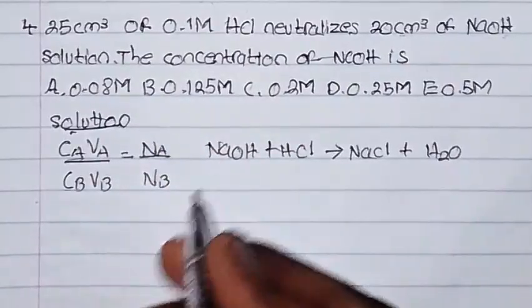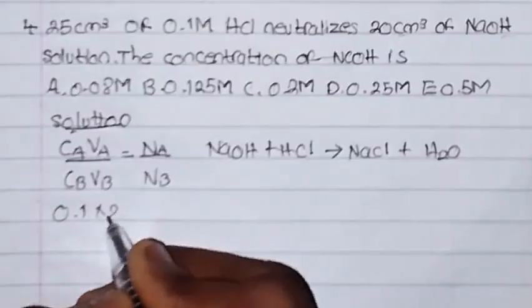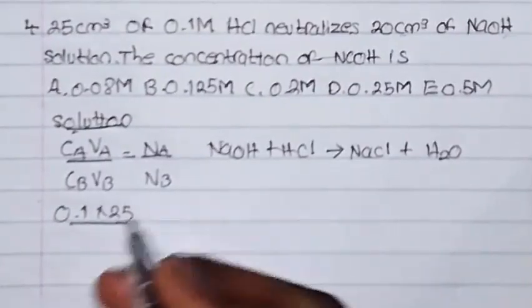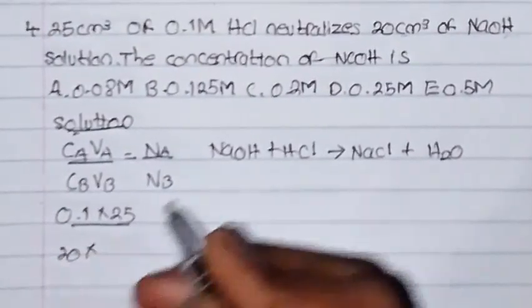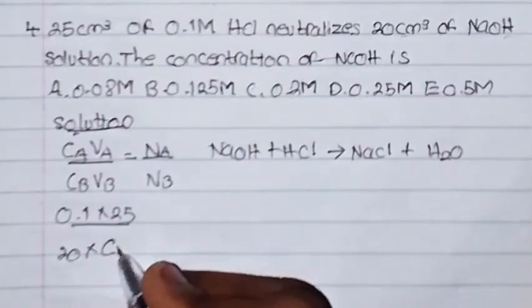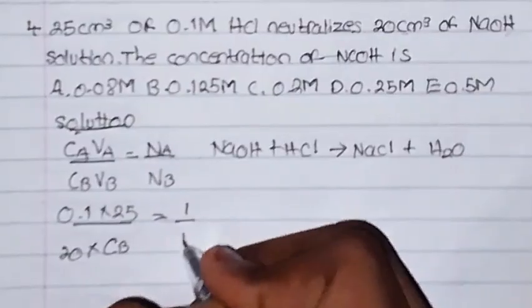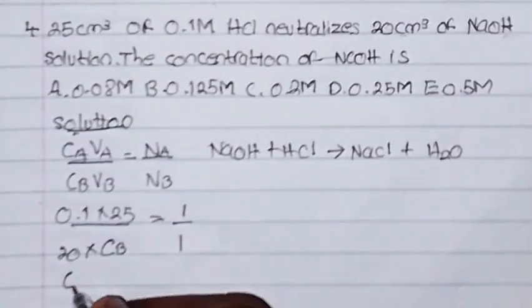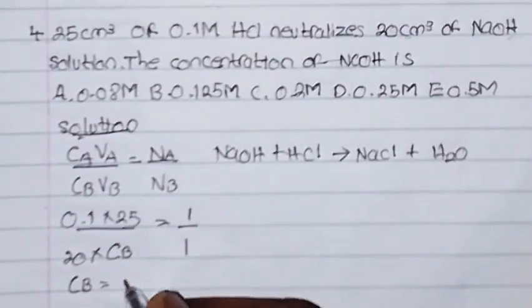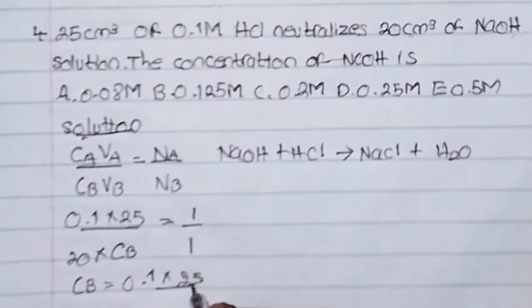So let's plug in our values. Concentration of acid was given as 0.1, times the volume of acid, which was given as 25. Volume of base was given as 20. They asked us for the concentration of NaOH, so that's Cb. Now this will be equal to the number of moles, 1 over 1. If I make Cb the subject of the formula, Cb, the concentration of the base, will be equal to 0.1 times 25 all divided by 20.